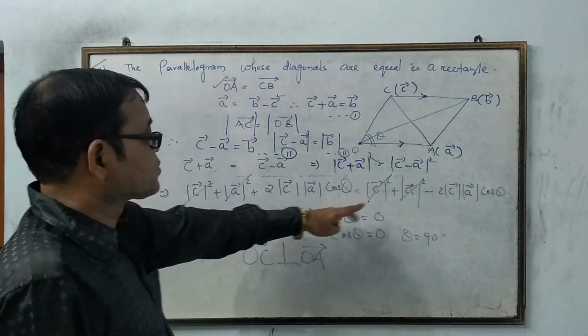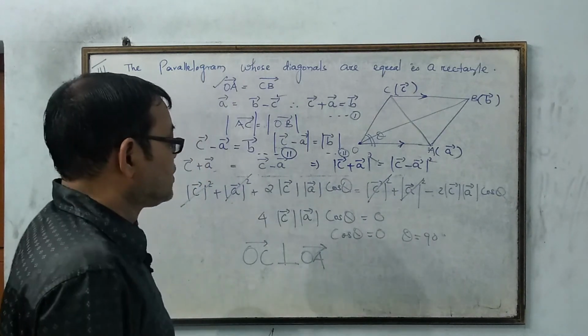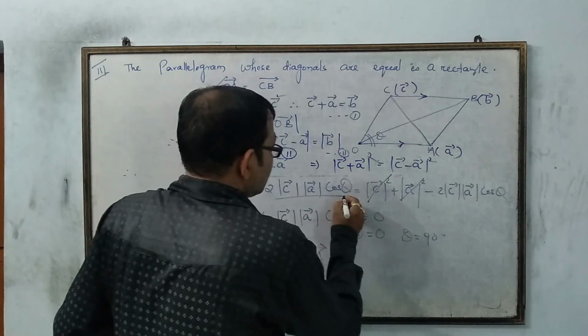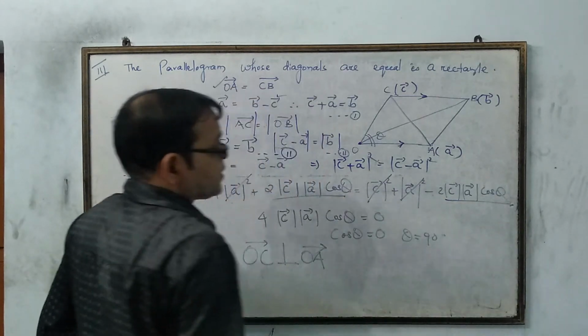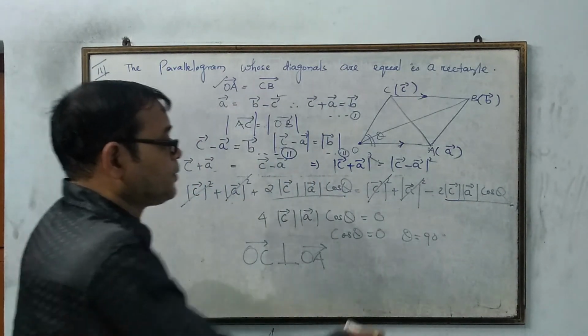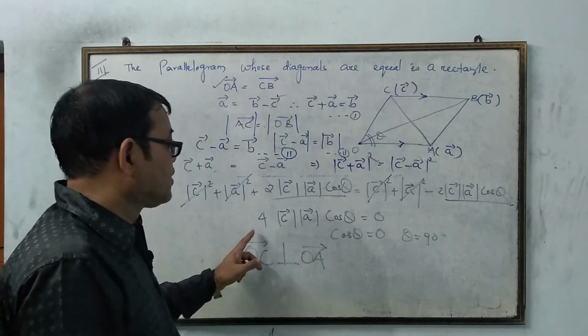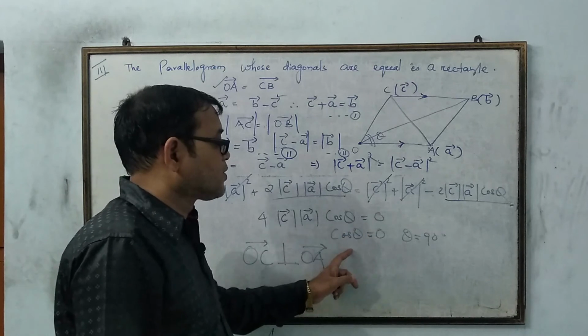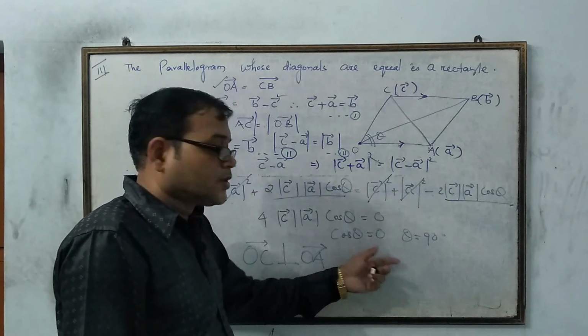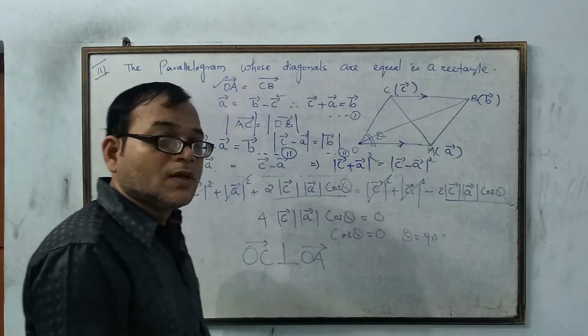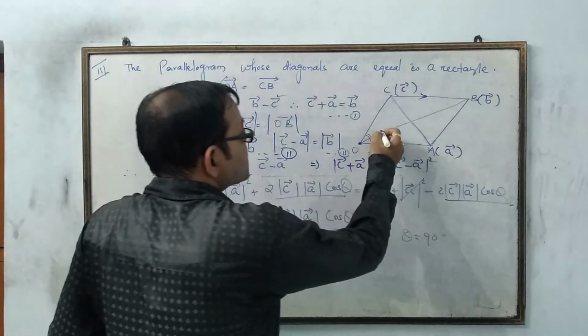C squared and A squared will be cancelled. That is, 2CA cos theta is equal to minus 2CA cos theta. If it is shifted to this side, then what would happen? 4CA cos theta equals 0, therefore cos theta equals 0. Theta is 90 degrees, which means this angle is 90 degrees.